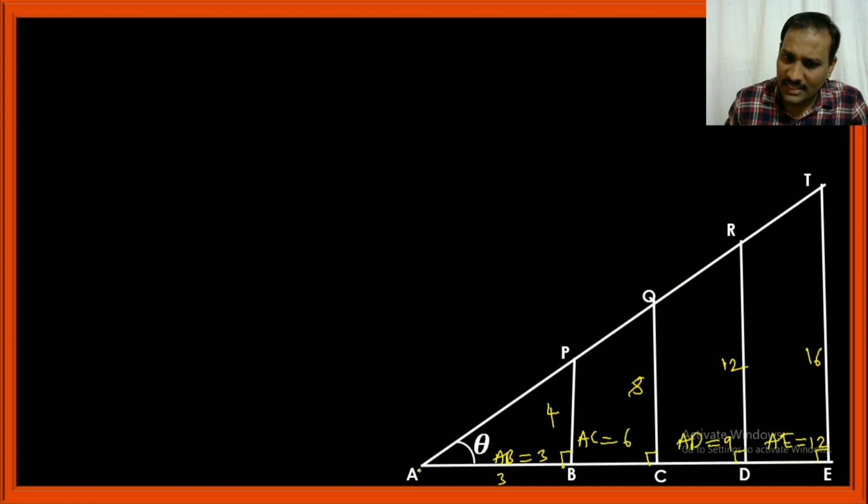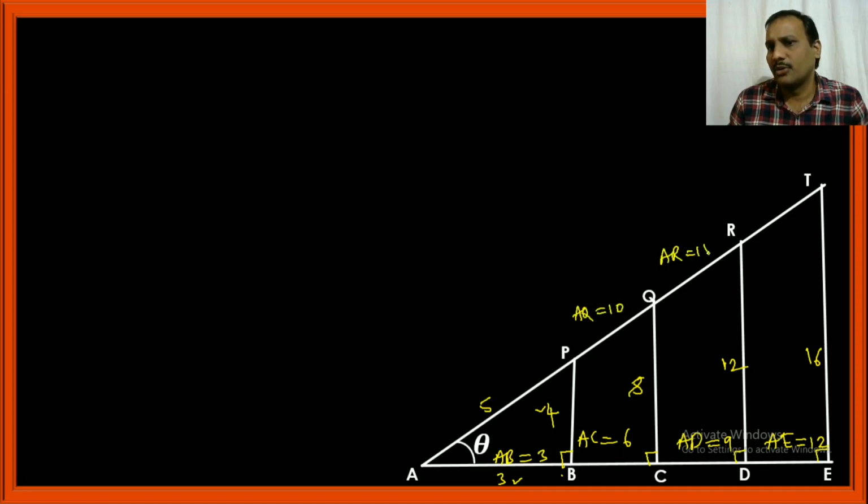In this triangle ABP, this is 3 centimeters, this is 4 centimeters. What about this hypotenuse? Just now we have found out when the two sides are 3 and 4, the hypotenuse is 5 centimeters. Similarly, you can say that AQ is equal to 10 centimeters, AR is equal to 15 centimeters, AT is equal to 20 centimeters.